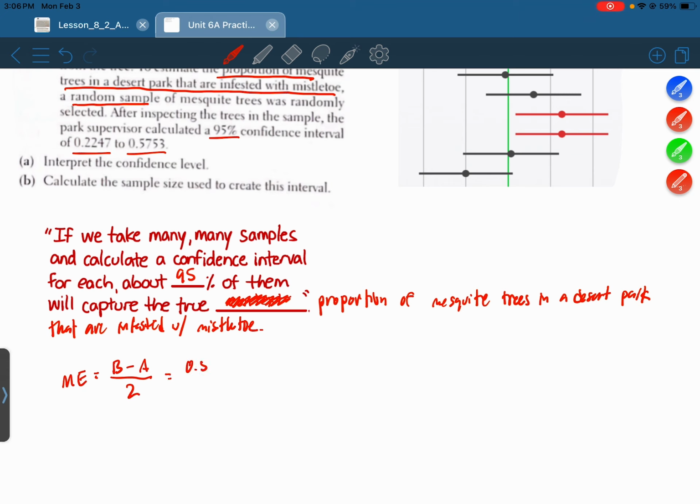So that'll be 0.5753 minus 0.2247 over 2. Okay, so the margin of error is about 0.1753.